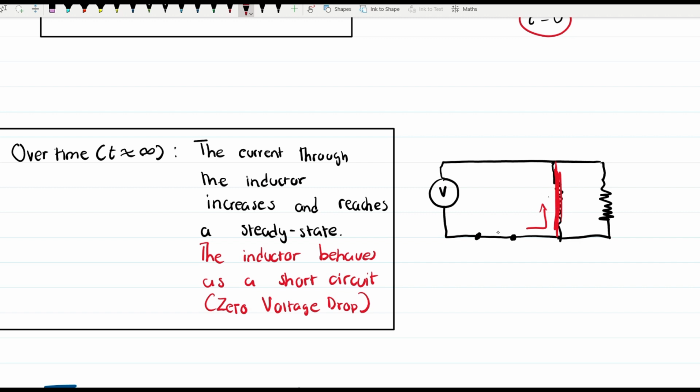Since the inductor behaves as a short circuit, there is no current going through the resistor. All of the current goes through the inductor. This happens when the switch has been closed for a long time, so we can say t is almost equal to infinity.